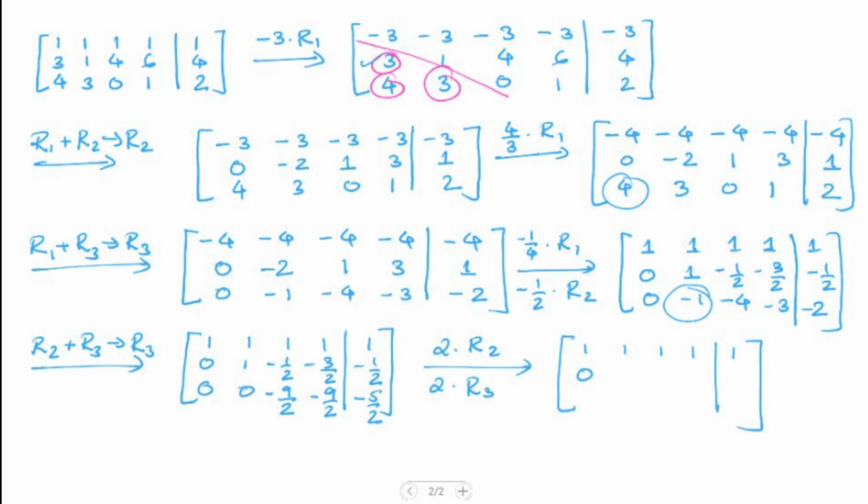So 2 times 0 is 0. 2 times 1 is 2. 2 times minus half is minus 1. And 2 times minus 3/2 is minus 3. And here we have minus 1 again. So here we have 0, 0, minus 9, minus 9, and minus 5.